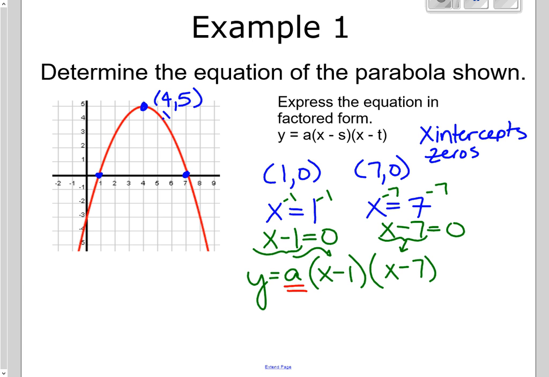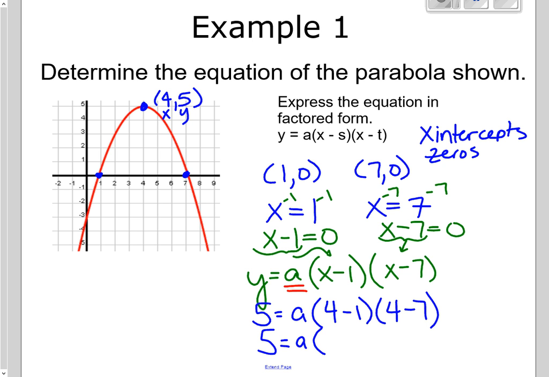That vertex is a point, so it has an x coordinate and a y coordinate, which means I can take that back to my equation, and I can replace all my x's with 4 and all my y's with 5. And so what we get is 5 is equal to a bracket 4 minus 1, 4 minus 7. 5 is equal to a bracket, 4 minus 1 is 3. 4 minus 7 is negative 3.